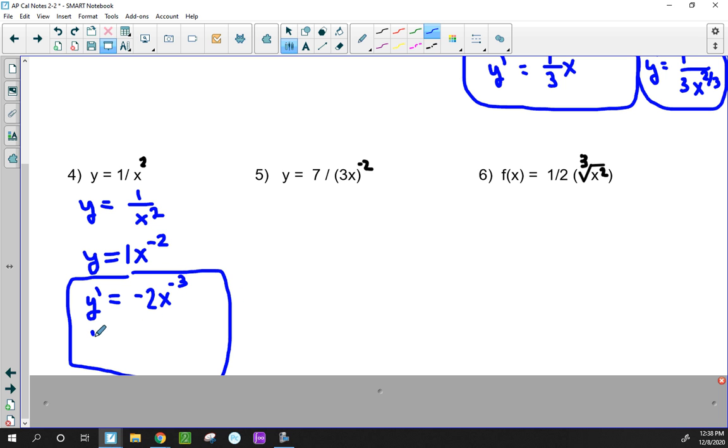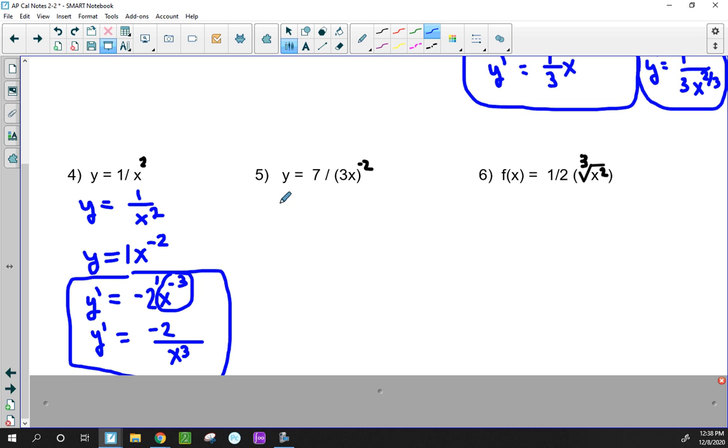Or if you wanted to, just like I did in the last one, you could call this -2 divided by x to the 3rd, as long as you move this piece only. Because remember, -2 is raised to the 1st power anyway.